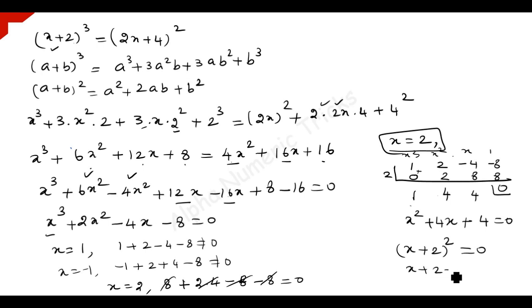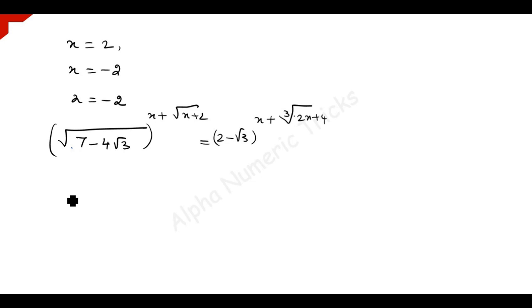So x plus 2 is equal to 0 and x plus 2 is equal to 0. So x is equal to minus 2, x is equal to minus 2. So we got the solutions: x is equal to 2 and x is equal to minus 2, and we'll check our answer.